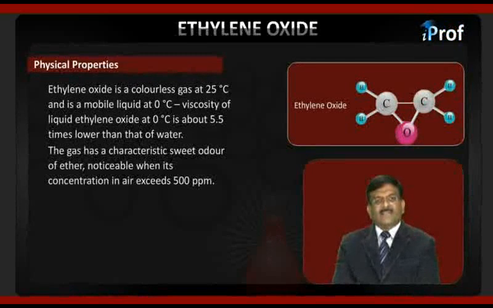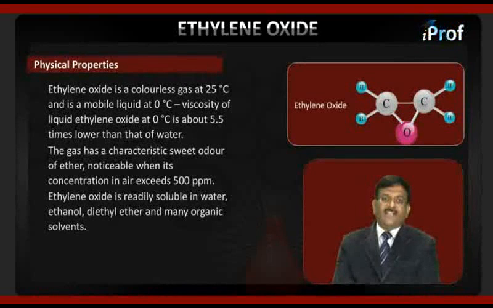It has a characteristic sweet odor of ether when its concentration in air exceeds 500 ppm. Ethylene oxide is readily soluble in water, ethanol, diethyl ether and many other organic solvents.